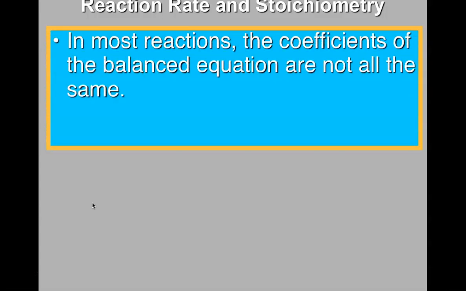All right, reaction rate and stoichiometry. So in most reactions, the coefficients of the balanced equation are not all the same. It just happens in this reaction that we have a 1, 1, and a 2.